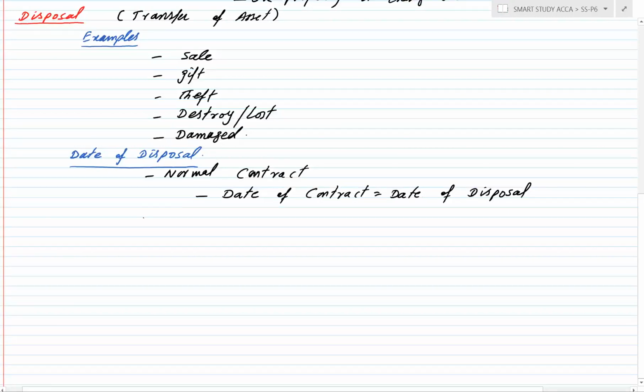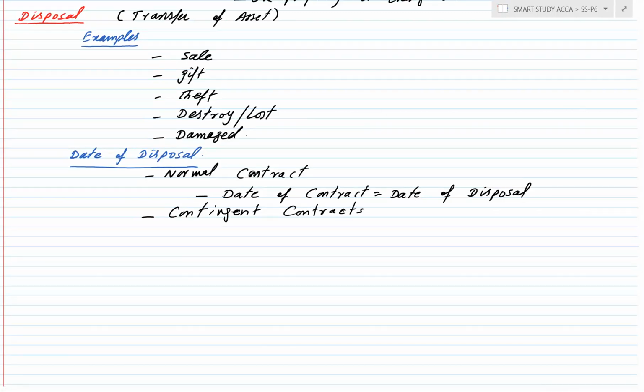But there are certain contracts in which conditions are attached. These are called contingent contracts. These contracts will become legally binding when all the conditions are satisfied.